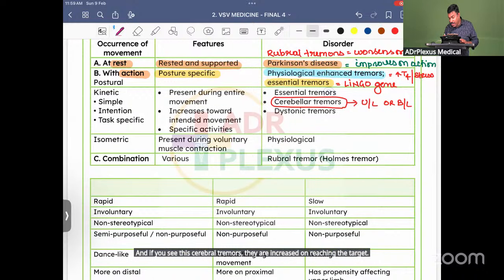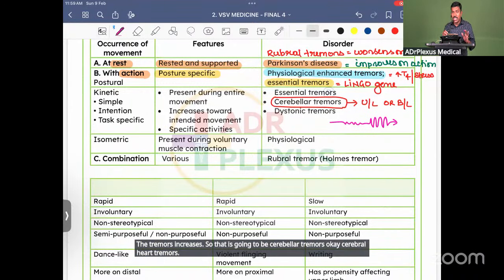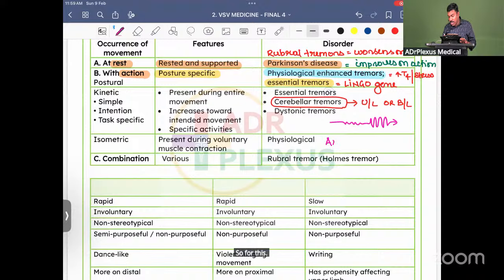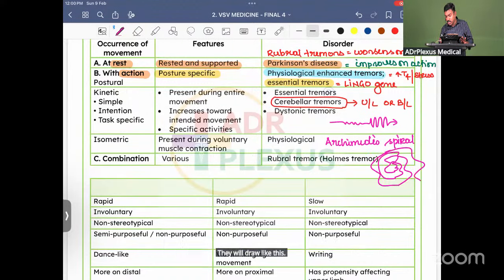The patient will have tremors, and as they reach the target, the tremors increase. For this, you have a circle drawn called Archimedes spiral. Whenever a patient with essential tremors is told to draw an Archimedes spiral, they will draw like this. That is called Archimedes spiral.